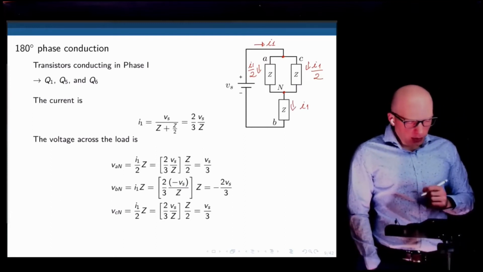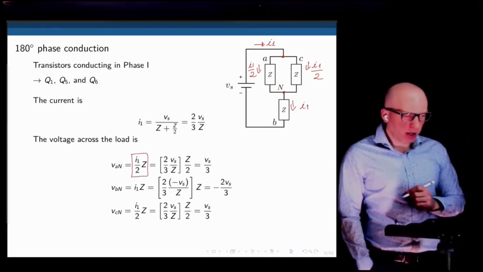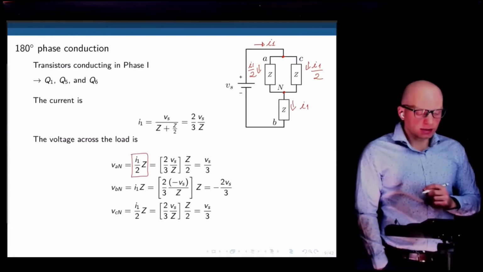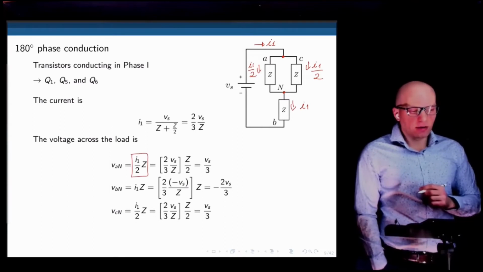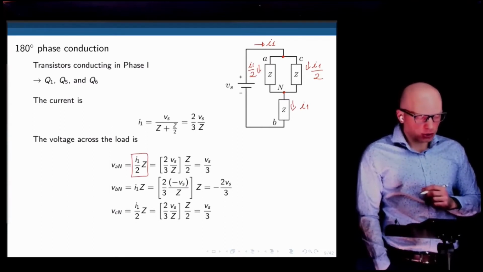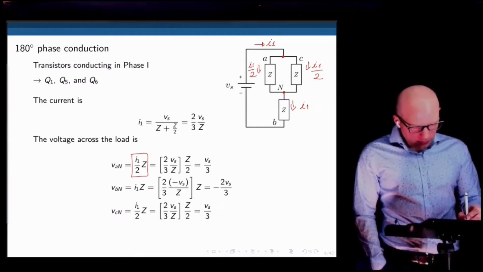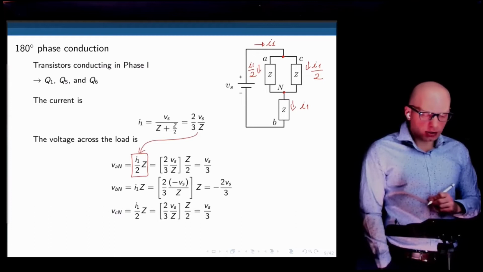The current through the load, I1 over 2, times the impedance Z, gives the voltage drop across the branch A. The current is what you calculated before, so you can replace the current there and solve for the voltage.